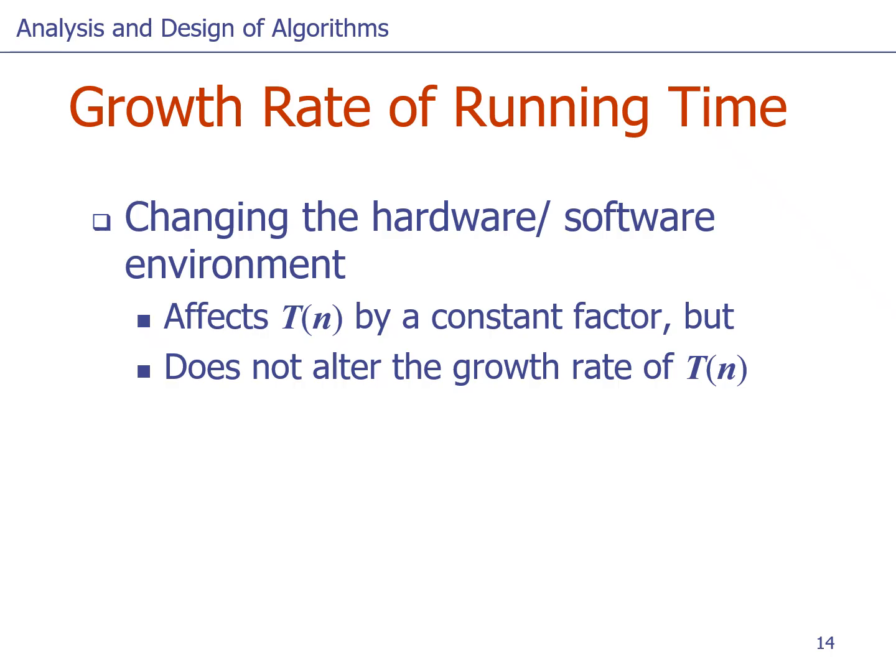And when I moved it to the quad core, the constant became much smaller, but it is still doing n squared steps. Okay, and this is the essence of it, that the constants beside the n could change, and it will change as we change the hardware and as we change the operating system configuration. But we will still be doing n squared steps.